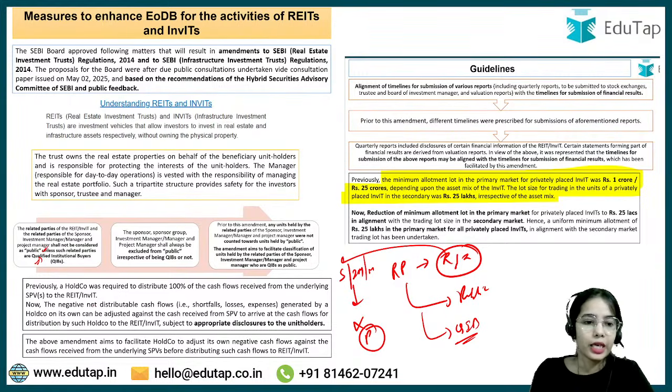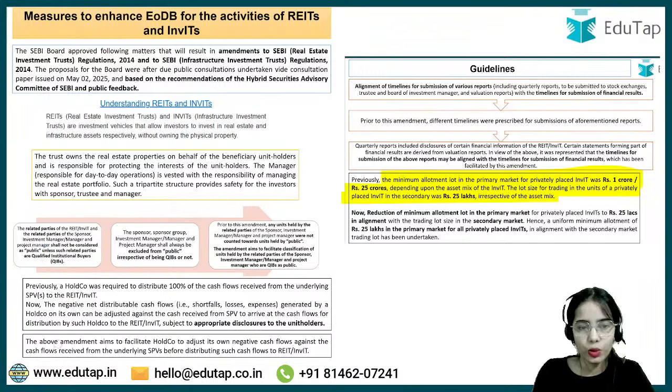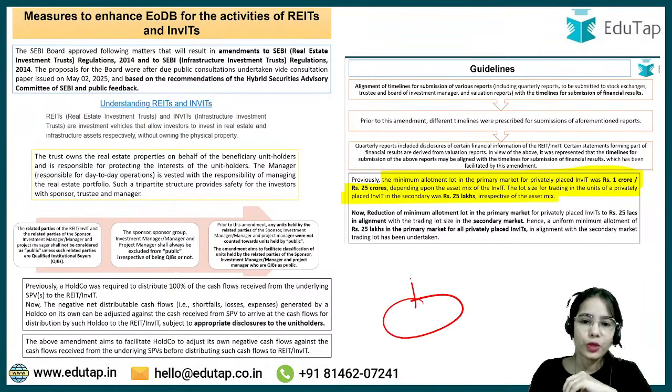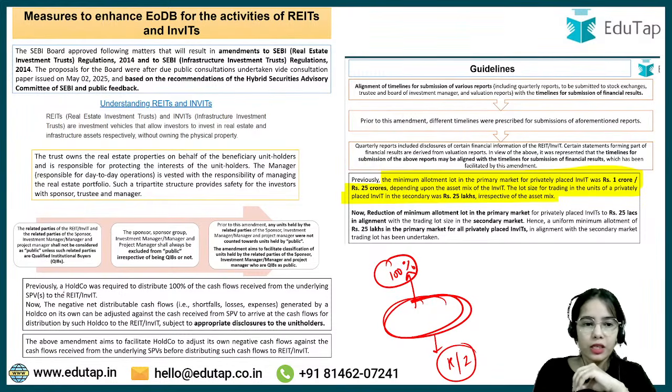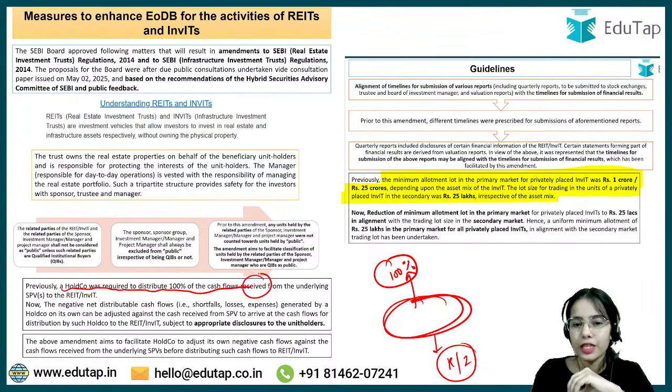Okay, next is the holdco, the holding company. Before, the holding company had to send 100% of the cash flows coming from the REIT and InvIT. Previously a holdco had to distribute 100% of the cash flows received from the underlying SPV to the REIT and InvIT.